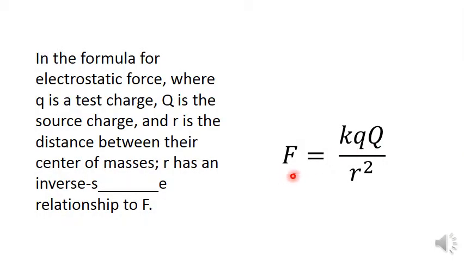In the formula for electrostatic force, where q is a test charge, Q is the source charge, and r is the distance between their centers of mass, r has an inverse blank relationship to F. So what type of relationship does r have with F?